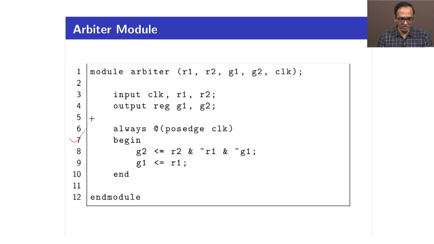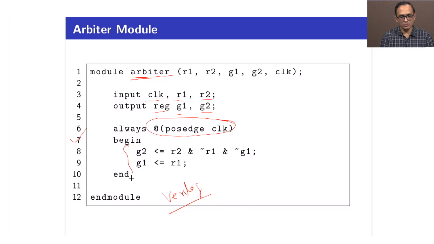We do not need to bother much about Verilog in this course, but to tell you what is happening here: the arbiter has 3 inputs, clock, R1 and R2, and registered outputs G1 and G2. At every positive edge of the clock, you assign G2 this way and G1 this way.